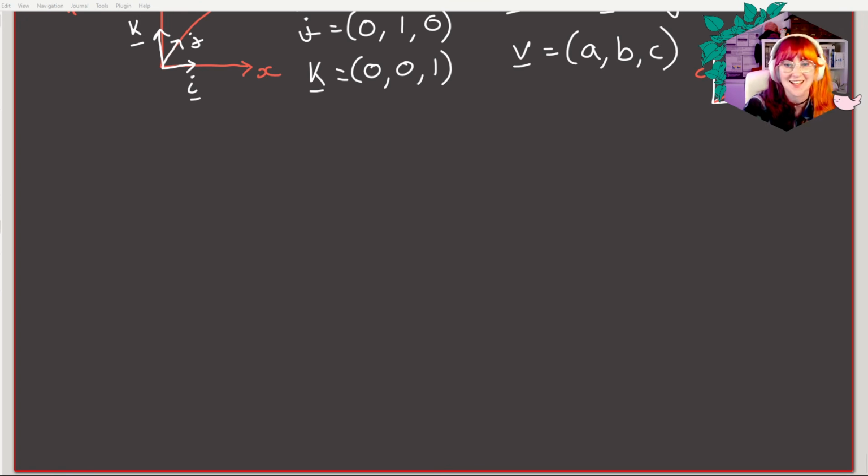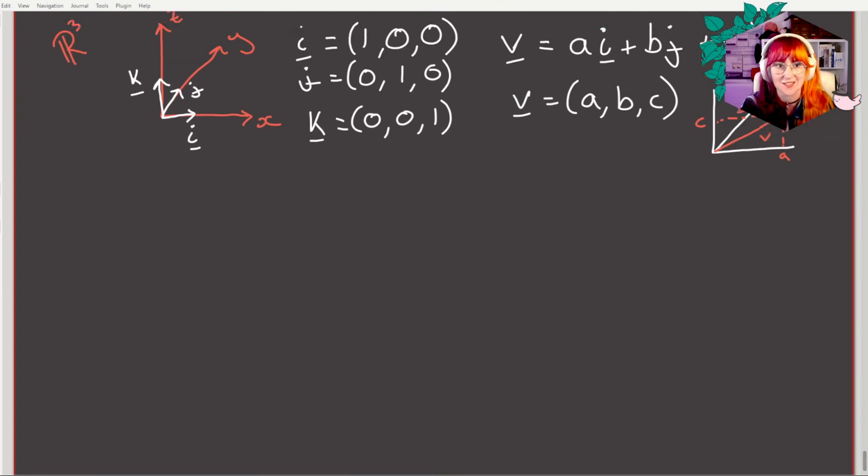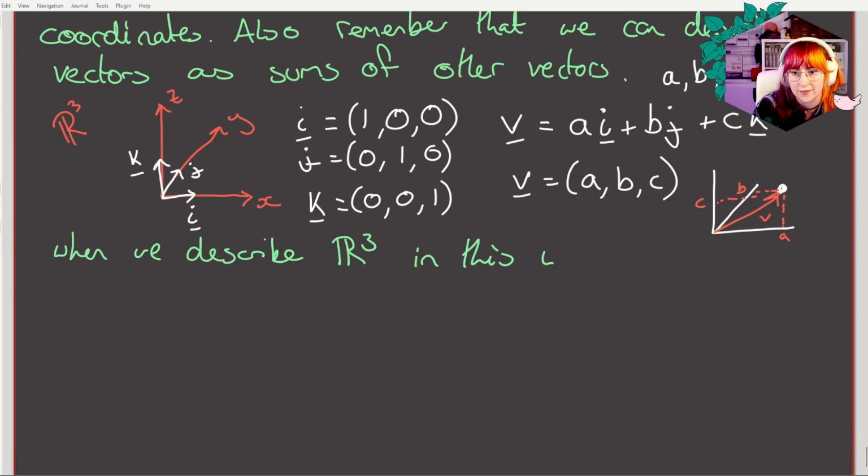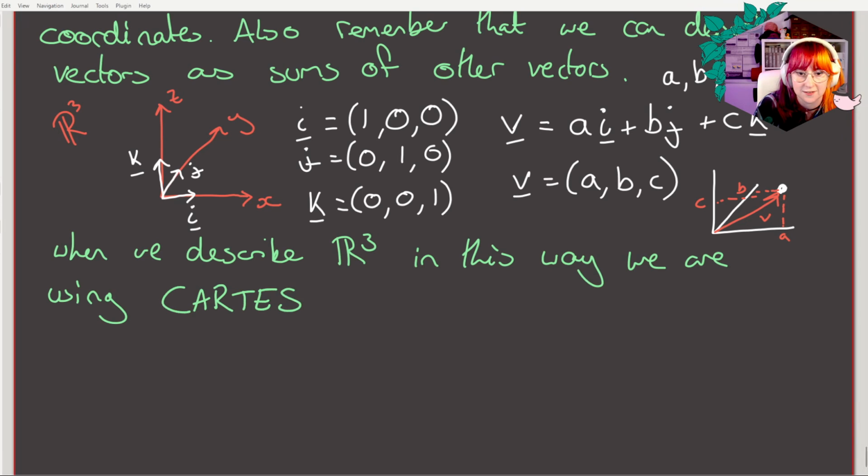So this is the standard definition of vectors and coordinates in 3D space. When we define it this way, we are using what are called Cartesian coordinates.